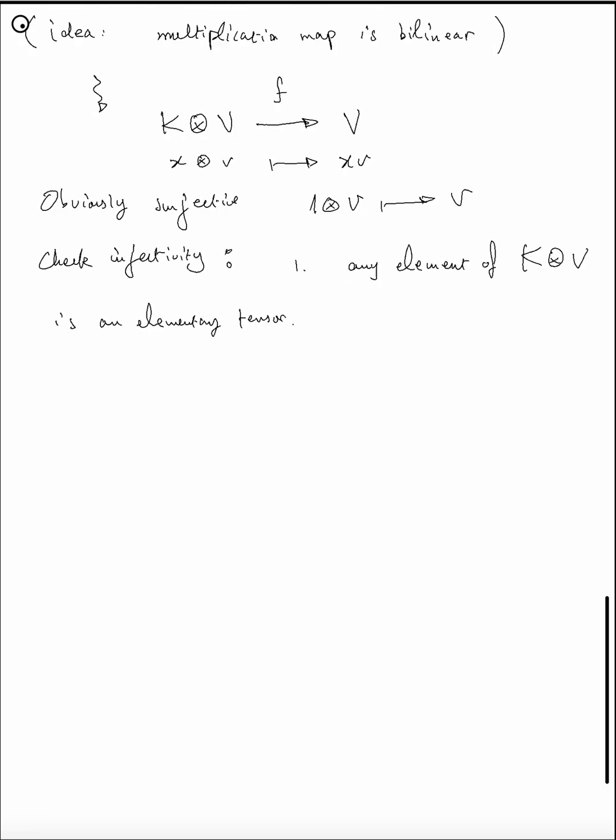Basically because suppose you have the sum of xi tensor vi over R, right?